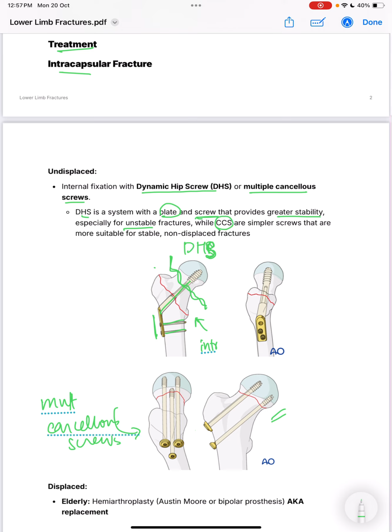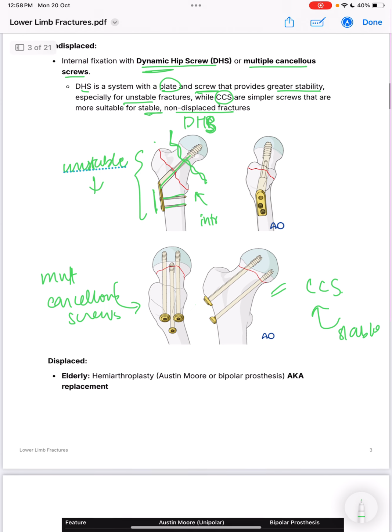Where जो ये CCS है, this is CCS, right, is simple screws that are more suitable for stable non-displaced fractures. तो ये हम कब यूज़ करते हैं? अगर थोड़ा सा हमारे पास unstable fracture है, क्योंकि ये dynamic hip screw stability देता है, और ये हम यूज़ करते हैं stable fractures के लिए जो non-displaced है.